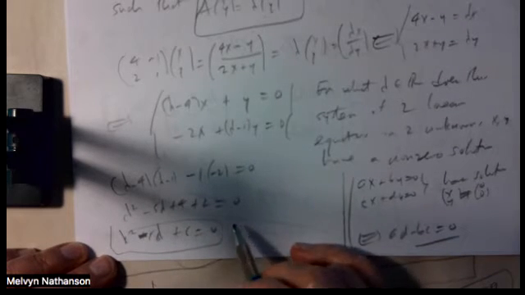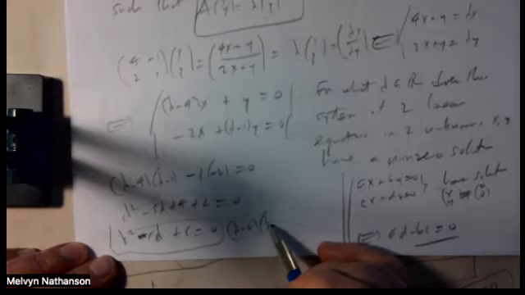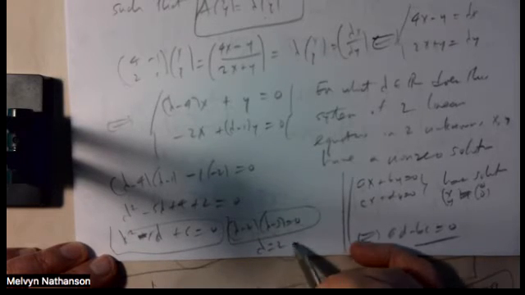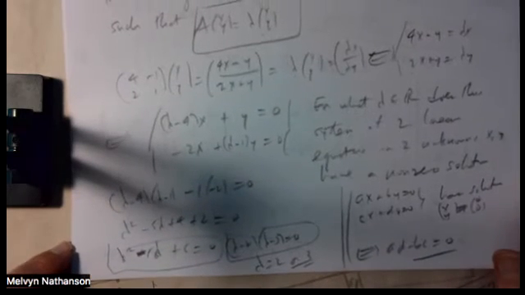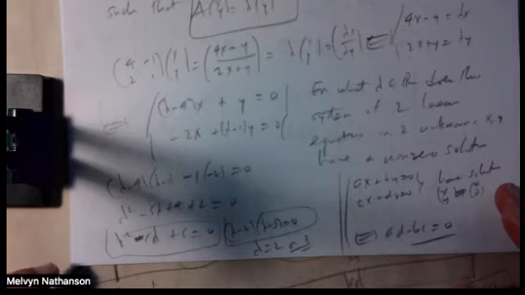Well, this is a simple quadratic equation. Actually, the left side factors, this is lambda minus 2, lambda minus 3 equals 0. So lambda is 2 or 3. So from this analysis, we get that the only possible eigenvalues are 2 and 3.